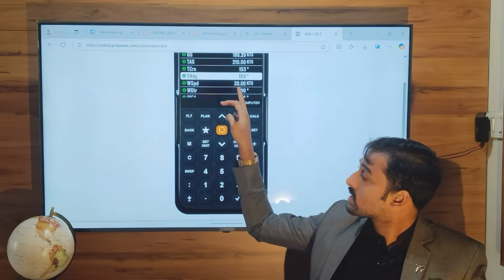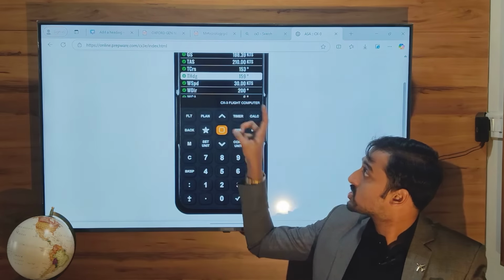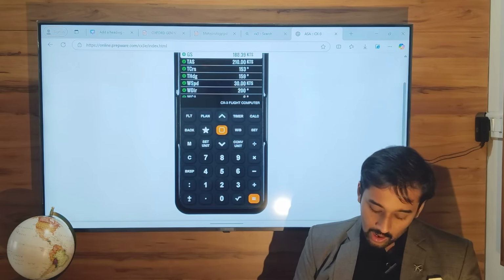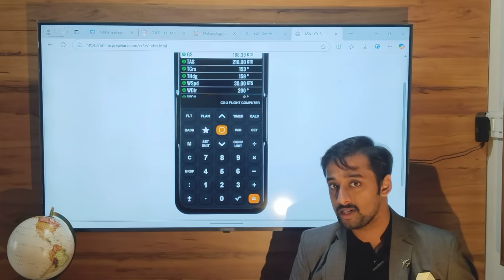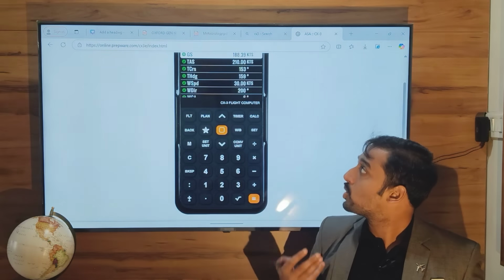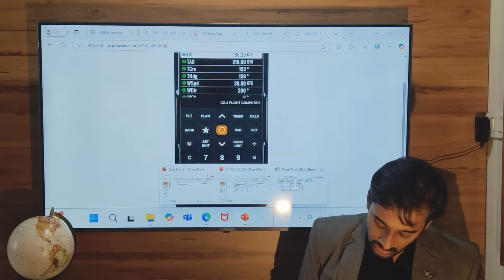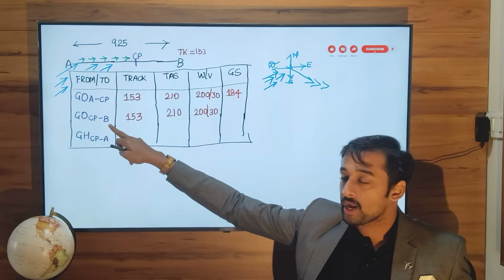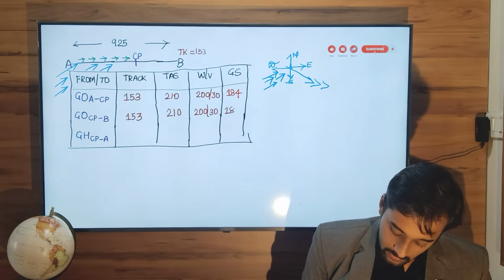Wind speed is 30 and wind direction is 200. So same thing. Since these values are the same as the previous values, your ground speed again will remain the same. There is nothing to be changed here actually. So again, let's write it here. When you go outbound from critical point to point Bravo, your ground speed will be 184.